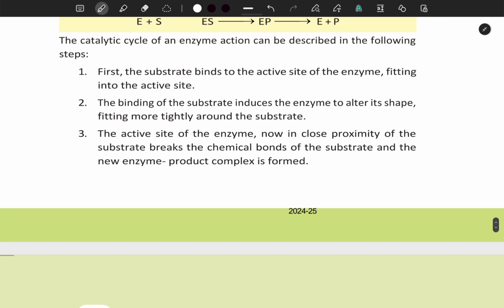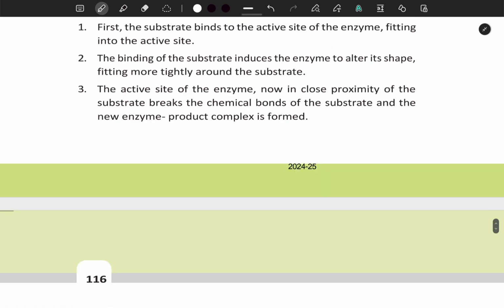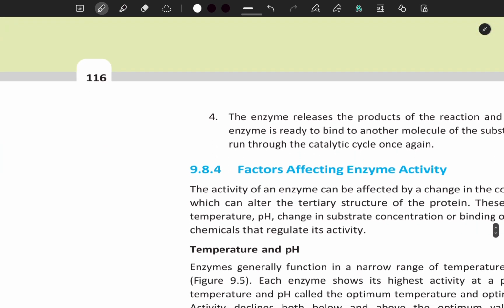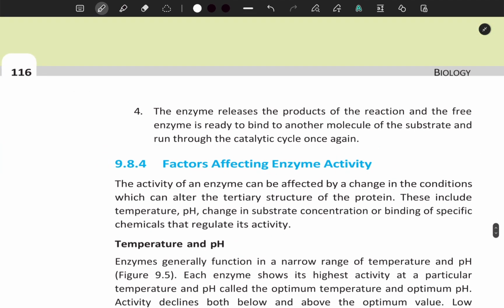Third, the active site of the enzyme, now in close proximity to the substrate, breaks the chemical bonds of the substrate and the new enzyme-product complex is formed. And number 4, the enzyme releases the products of the reaction and the free enzyme is ready to bind to another molecule of the substrate and run through the catalytic cycle once again.